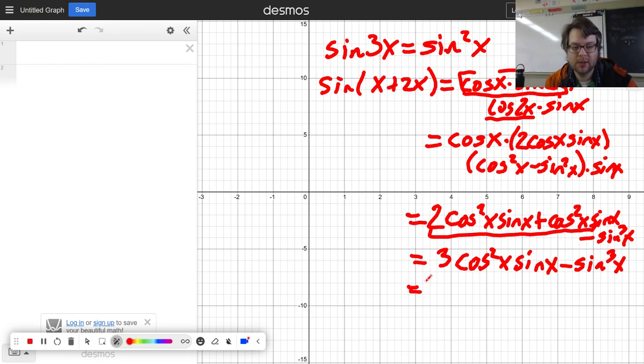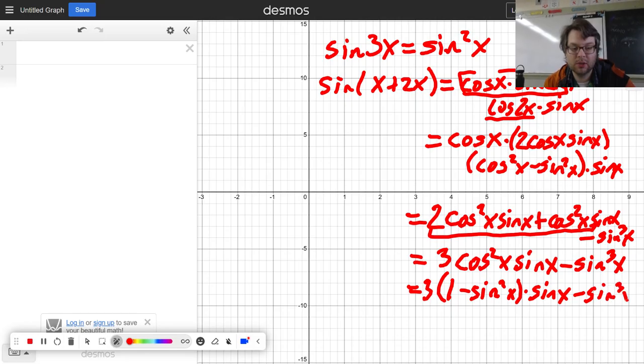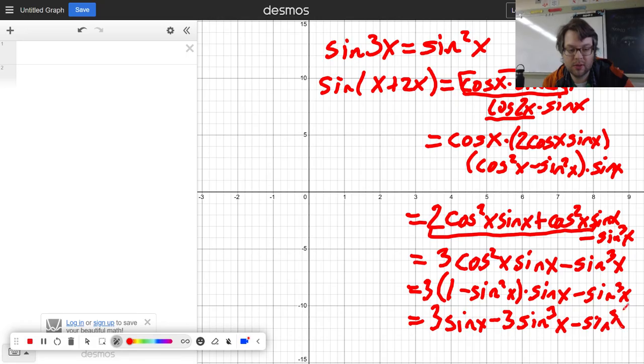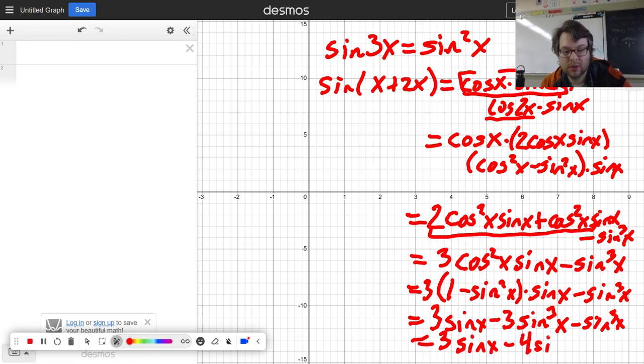So I can rewrite that as 3 times 1 minus sine squared x times sine x minus sine cubed x. Distribute, and I will get 3 sine x minus 3 sine cubed x minus another sine cubed x. So I guess I end up with 3 sine x minus 4 sine cubed x.